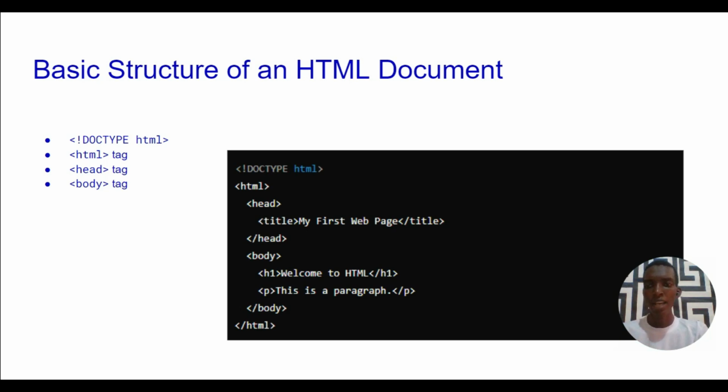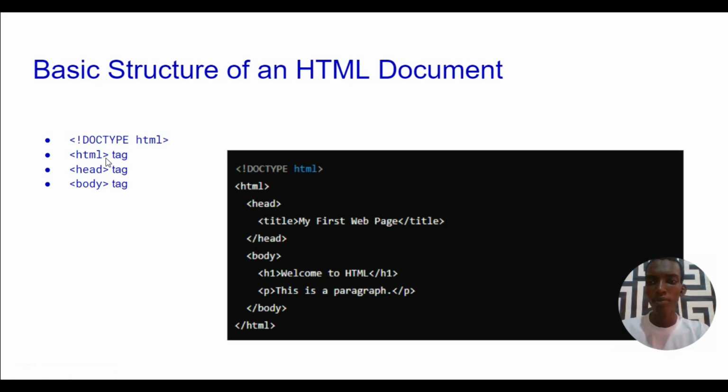Now, as you can see, you have the HTML tag, the head tag, and the body tag. Basically, if you're working with HTML, we're working with tags. And what are tags? Tags are markup codes enclosed in angle brackets. Any tag you see this way is an opening tag. Any tag you see with a slash before the end is a closing tag.